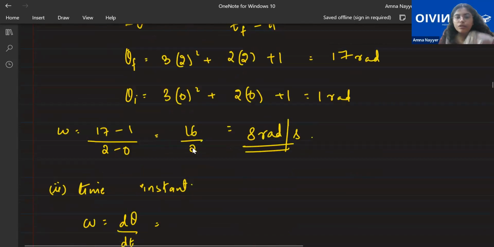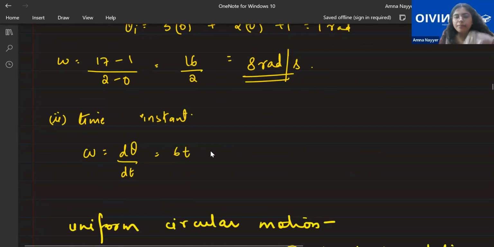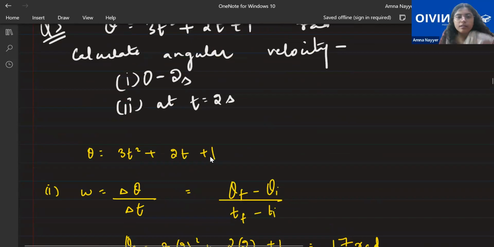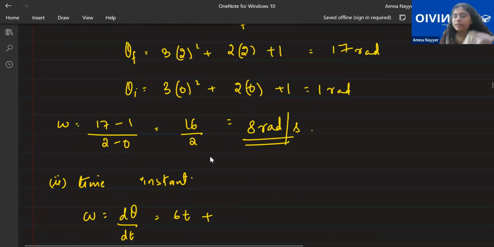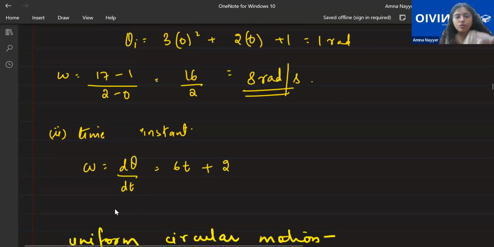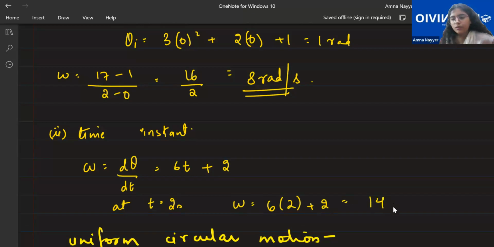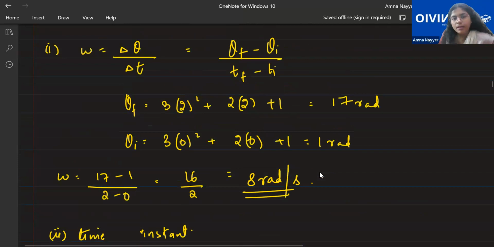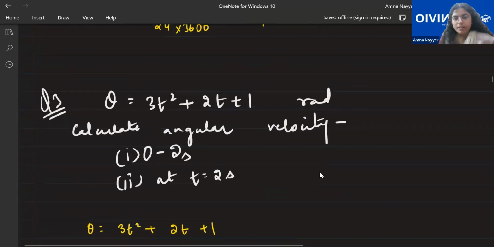So 3t square becomes 6t, plus 2 plus 0. So at t is equal to 2 seconds, omega will be 6 into 2 plus 2, that is 14 radian per second. Got it? Okay. We did these questions in the linear velocity, similar is here. Okay. Write down this one.